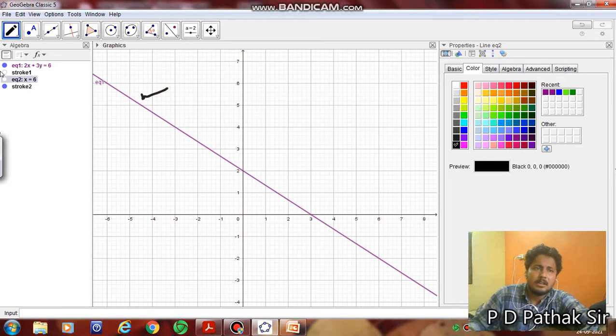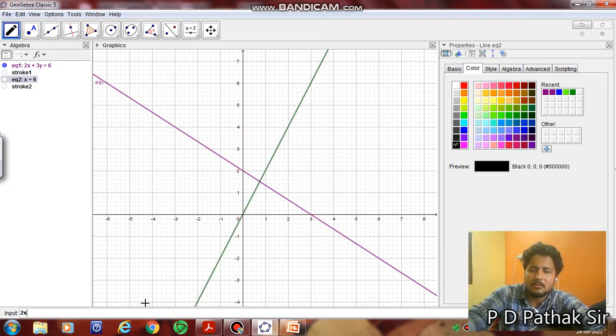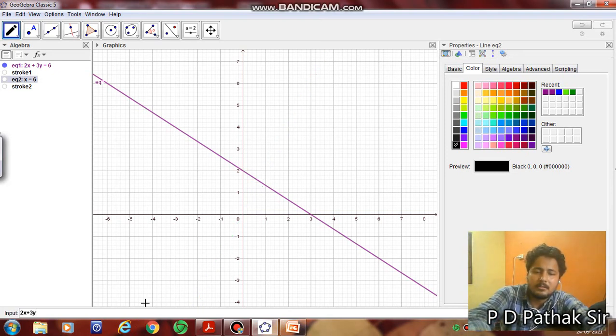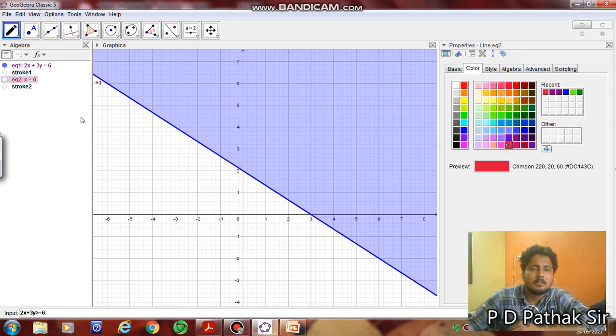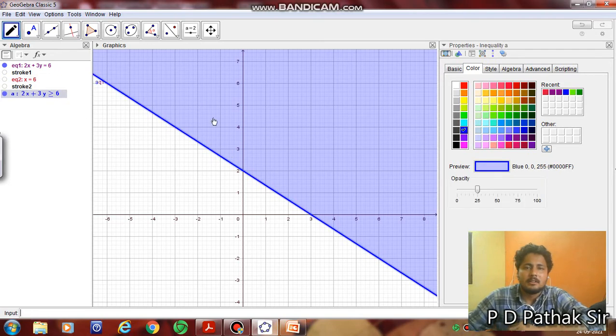If I am taking any inequality, suppose the same inequality 2x plus 3y greater than equals to 6, now see, this is the half plane.